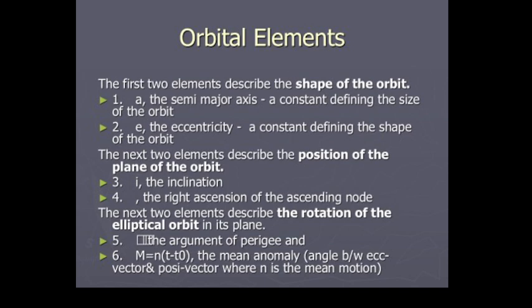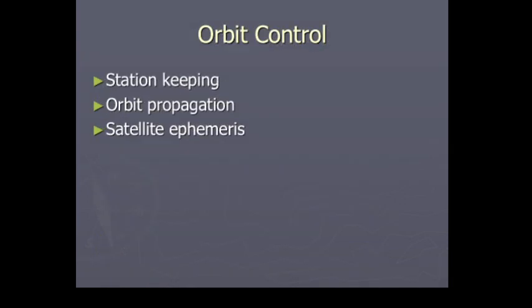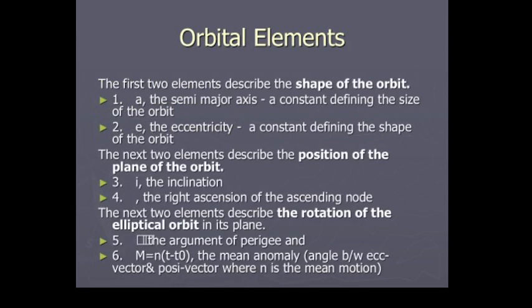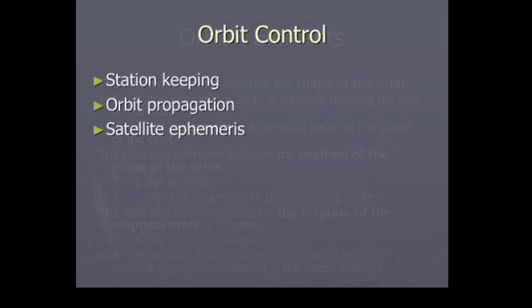From the station keeping process, we can design how to maintain the satellite in a predefined box. The predefined box is the current position of the satellite with respect to time. It is the element values, the 6 orbital elements we already discussed.